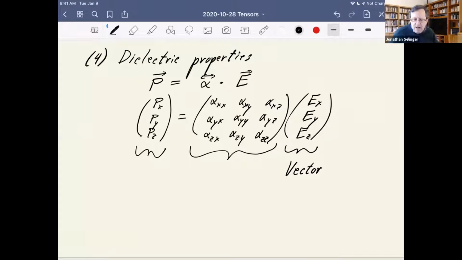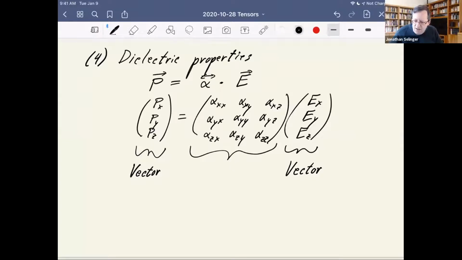It's a set of three numbers, but it's not just any old set of three numbers. It's a set of three numbers which together describe a real thing, the electric field. Likewise, this is another set of three numbers, which is not just any old three numbers, but describes a real thing, which is the polarization.